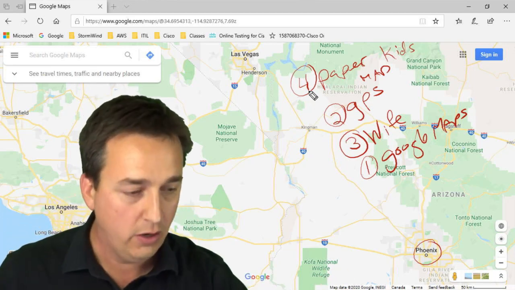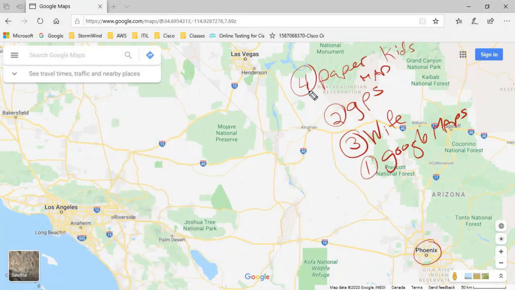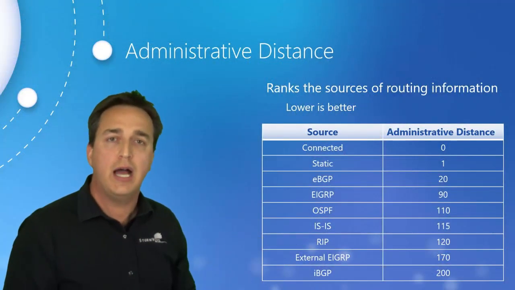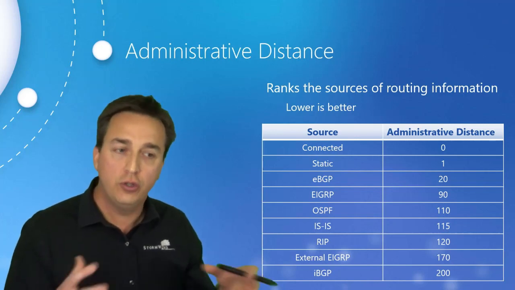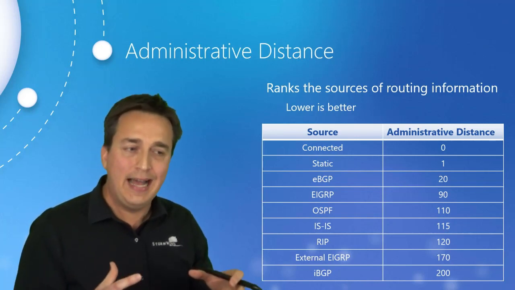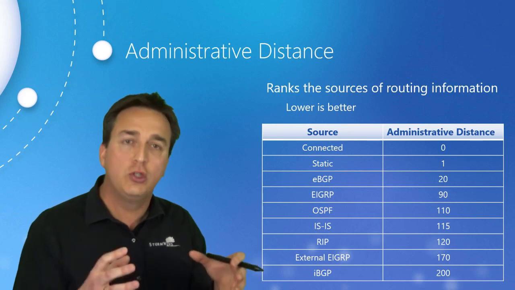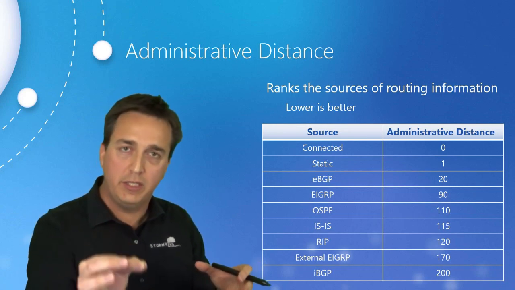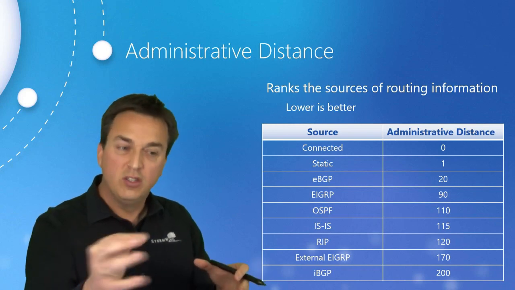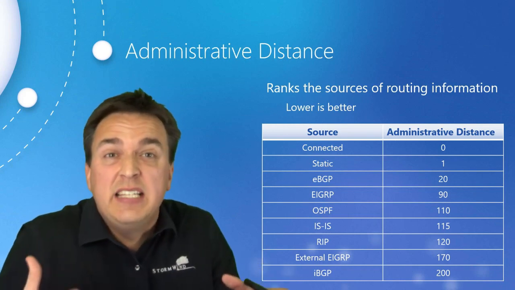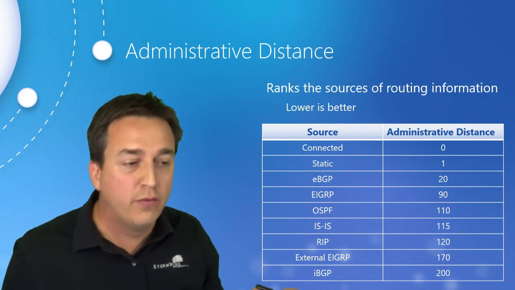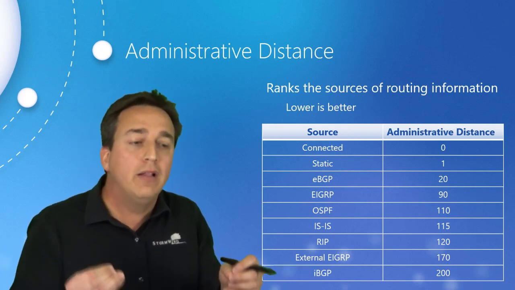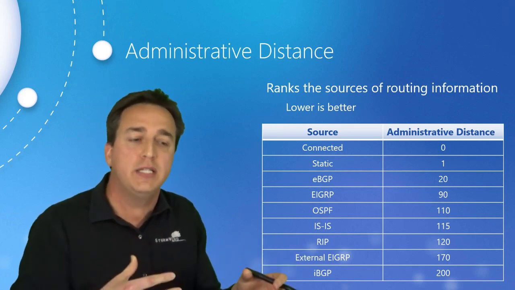And that's what Cisco has done here. Cisco has created their own administrative distance, their own ranking system that is utilized to do what? To ensure that a single source is going to be used to make the decision. So for example, if I learn about the 10.0.1.0/24 network from EIGRP and OSPF, my router says, well, EIGRP has a better administrative distance.